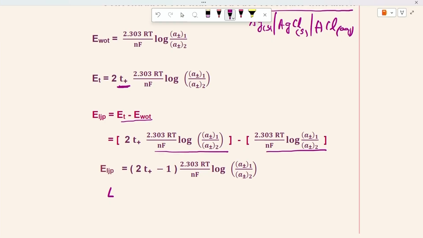Now, again we are going to substitute, that is T plus plus T minus is equal to 1. So, I am going to substitute this for 1 as T plus plus T minus.